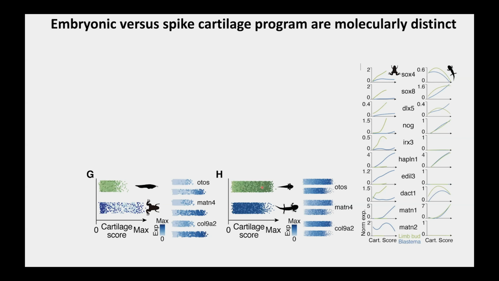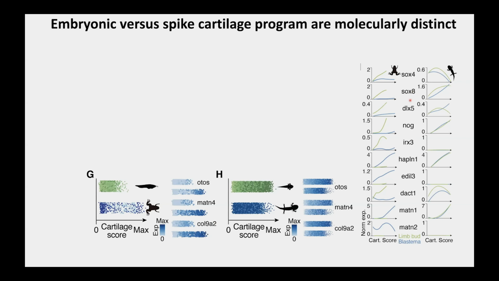And so you can just see here very simply in this assessment of cartilage score that in the axolotl, the limb bud cells and the blastema cells have a very similar distribution along the cartilage score. Whereas in contrast, when you look at the frog, limb bud cells have a very different distribution along the cartilage score axis compared to the adult cells.